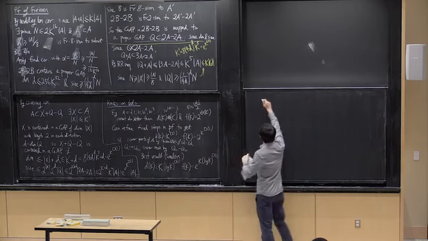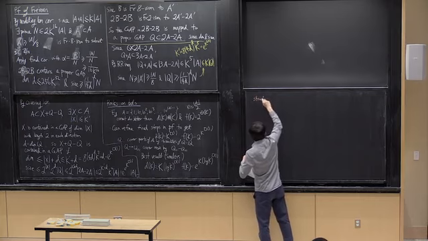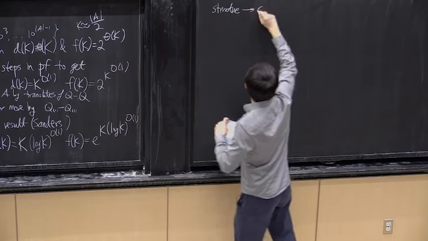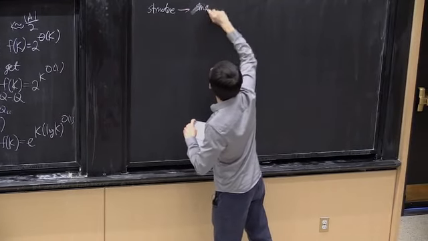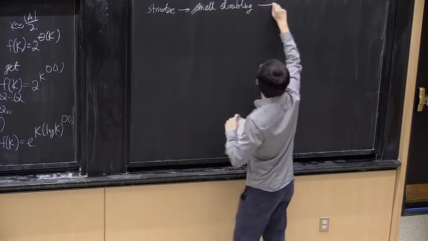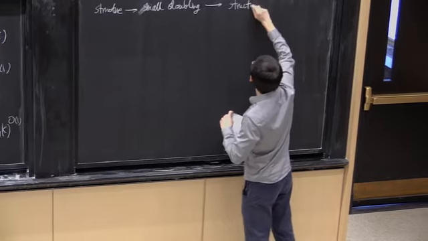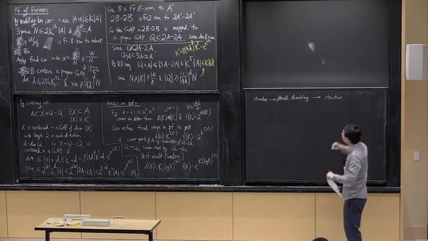Right? So we want to say some structure implies small doubling. And Freiman's theorem tells the reverse, that if you have small doubling, then you obtain this structure.